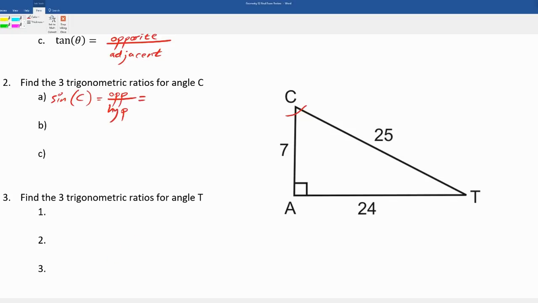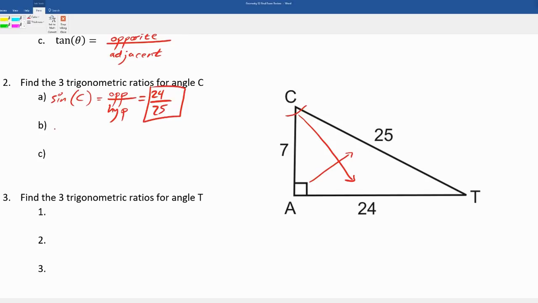So let's figure out who our opposite is of C. We look across, and our opposite side is 24. And our hypotenuse is always going to be the longest side of the right triangle, on the opposite side of the 90-degree right angle, which is 25. So the hypotenuse is 25. That would be our trigonometric ratio for sine.